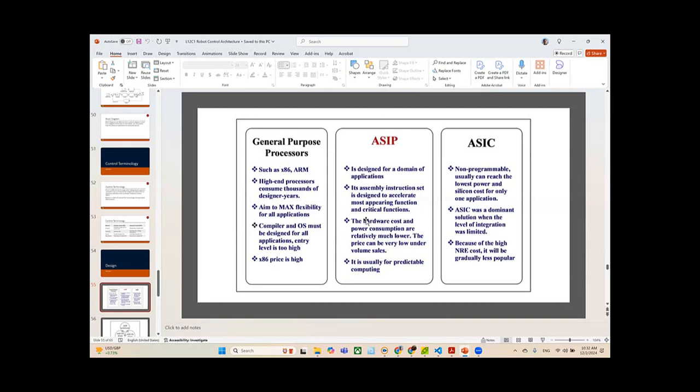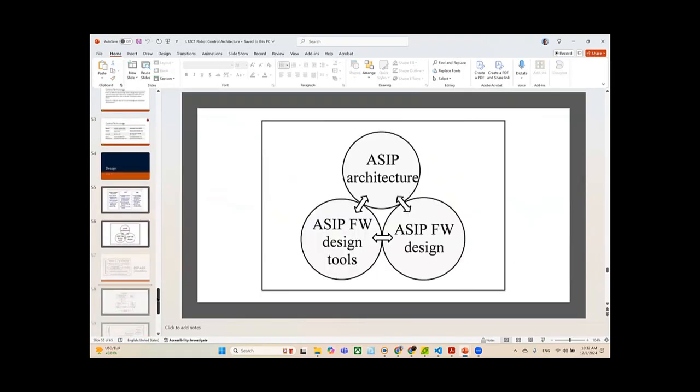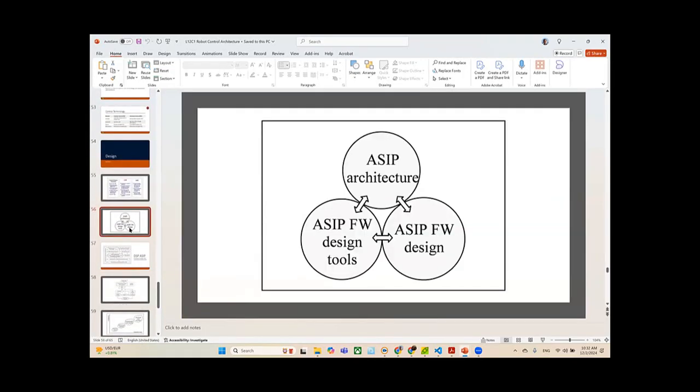Basically these are different design approaches. Number one and number two involve a processor, with an instruction set. Number three has no instruction set; it is a hardwired chip. Anyway, these three types you can all use to design your control system.